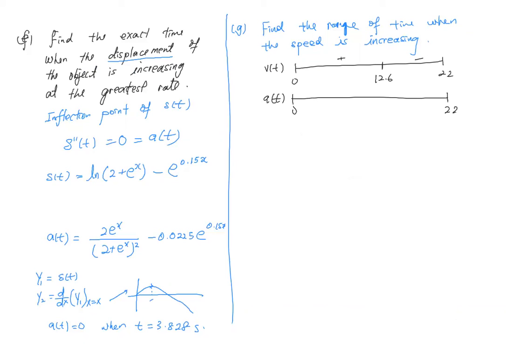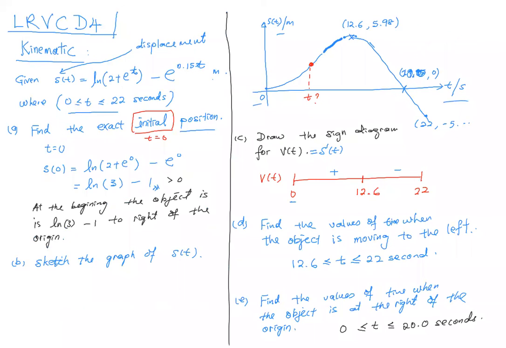And we know it's 3.83. So here is positive and here is negative. Obvious, am I right? You can get it from the ST sign diagram because this is convex and here is concave.